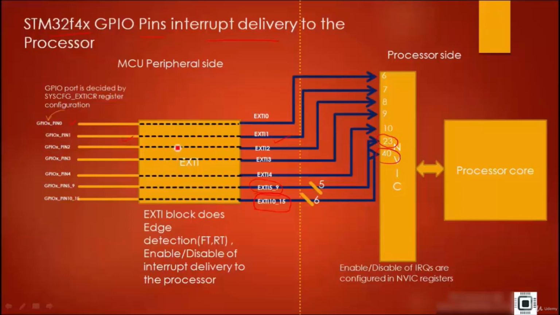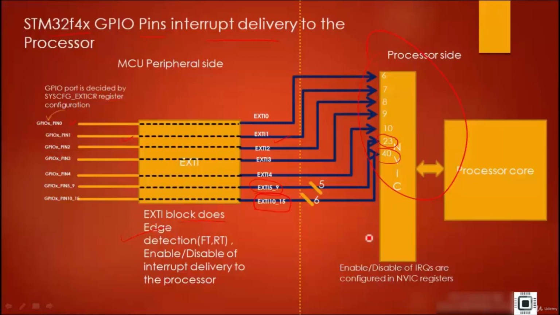And there is an EXTI block in between, and that block does edge detection, and it also gives you registers to enable and disable the interrupt delivery to the processor. And these IRQs are disabled by default, so you have to configure the NVIC registers in order to enable or disable the interrupt reception on those IRQ numbers.